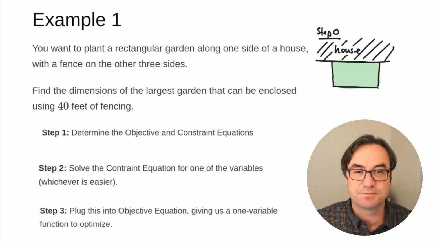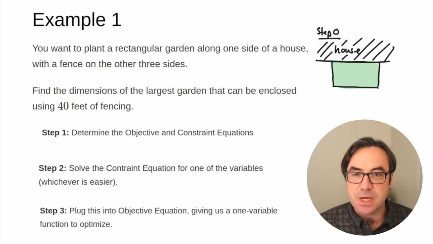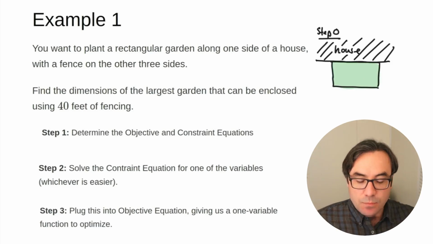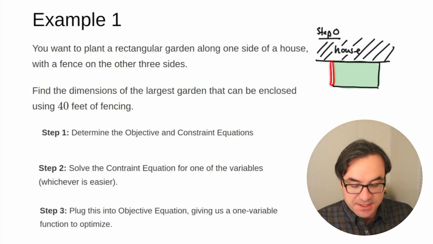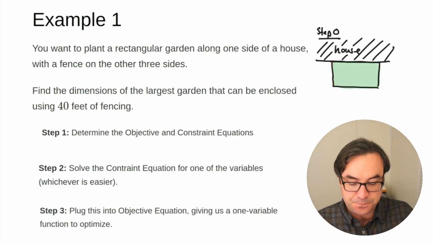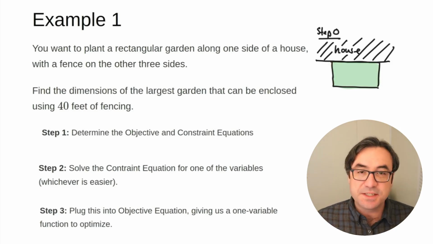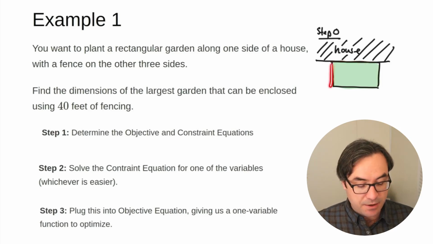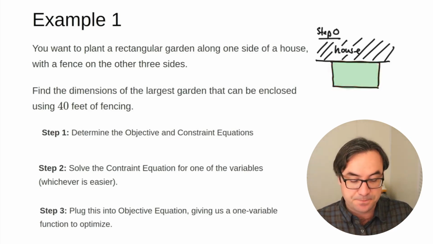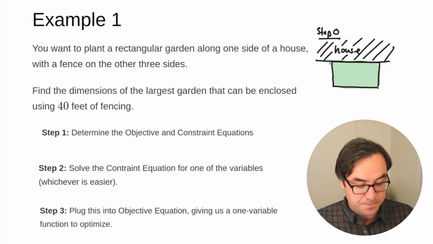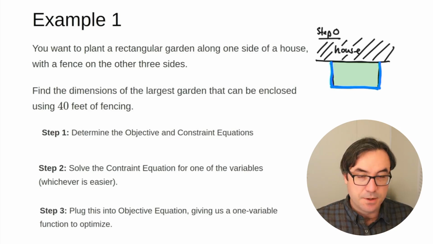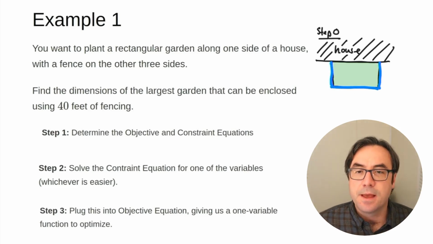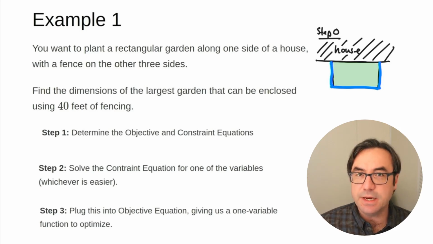All right, got a lot of nice greens in there. All right, so what we're going to do is we're going to fence in the 3 other sides. So we don't have to put a fence along this side because our house is there, but we are going to fence in the 3 other sides.